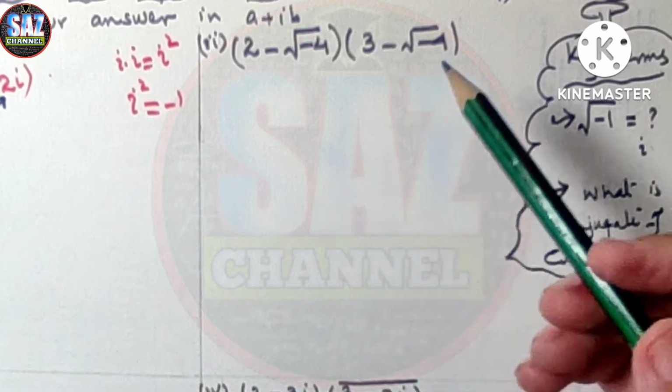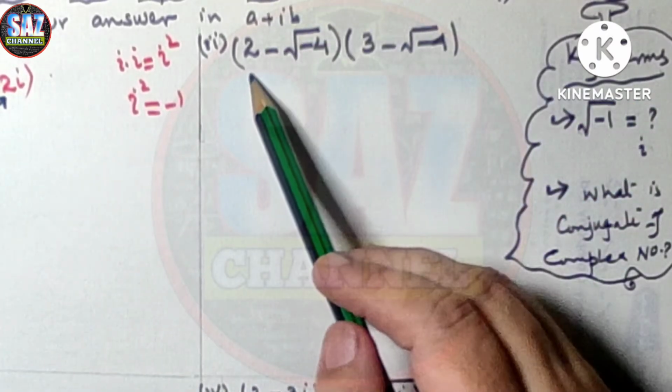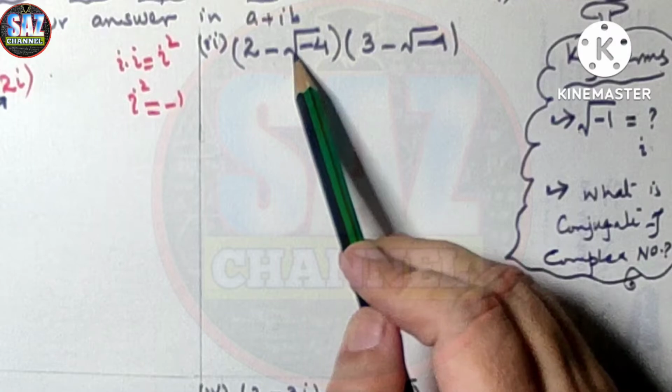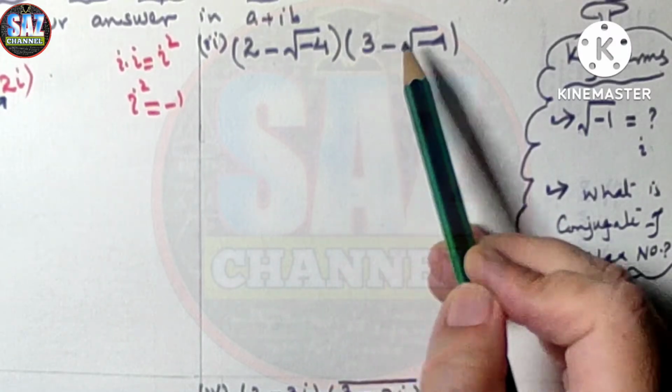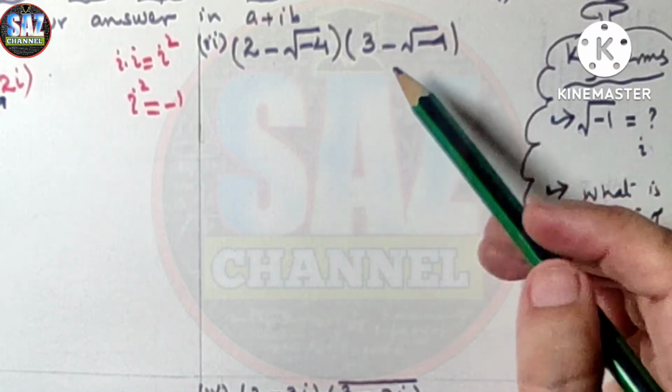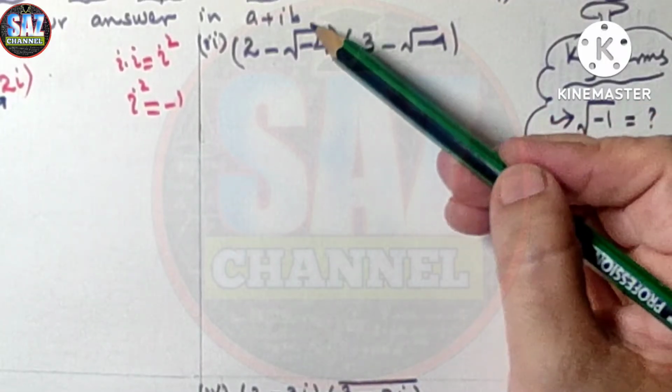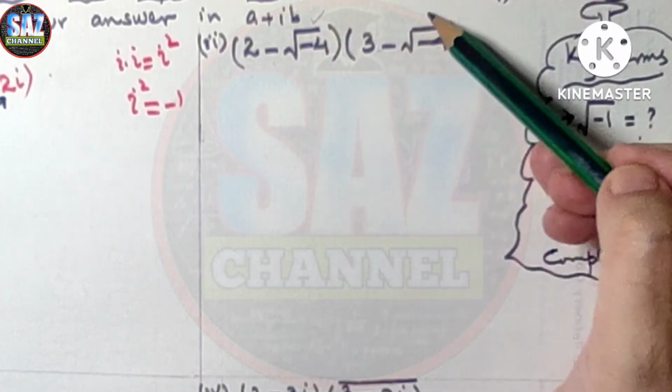The second part is 2 minus square root of minus 4 multiplied by 3 minus square root of minus 4. First of all, we have to try to create iota in both the brackets.